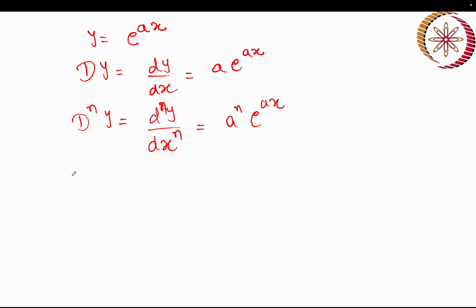So we can see that if we have some polynomial form for this phi of d, which is a n d n plus a n minus 1 d n minus 1, and so on.